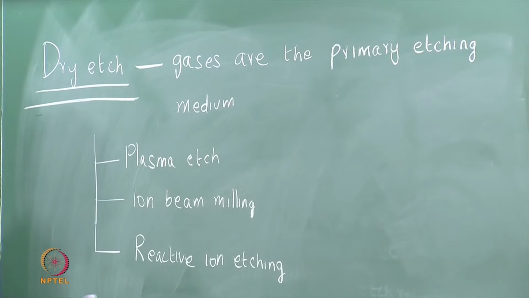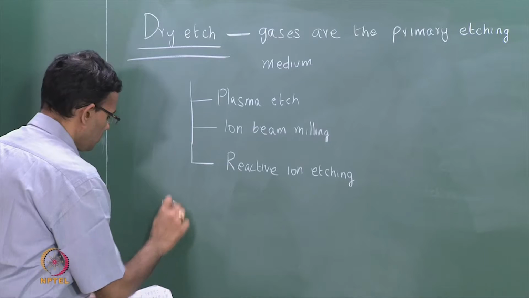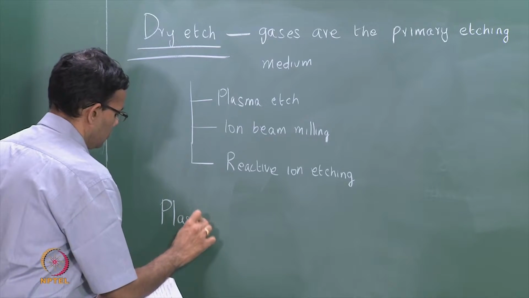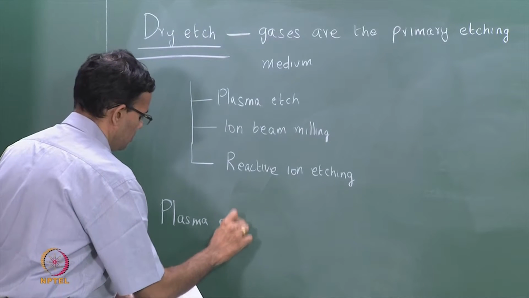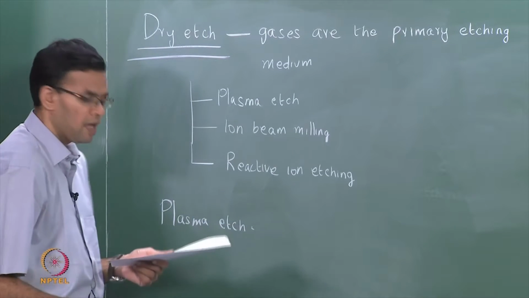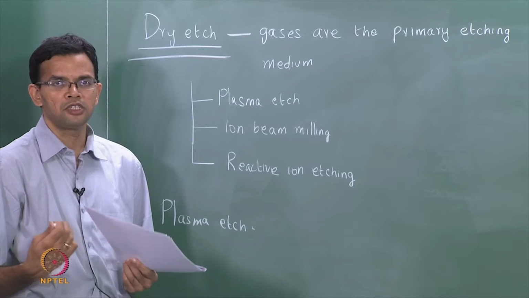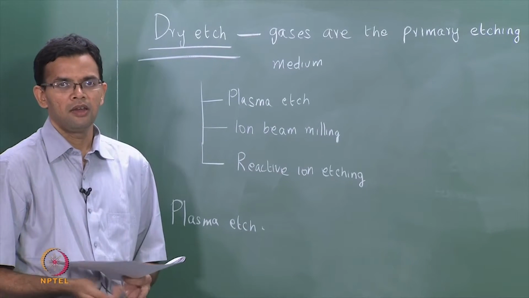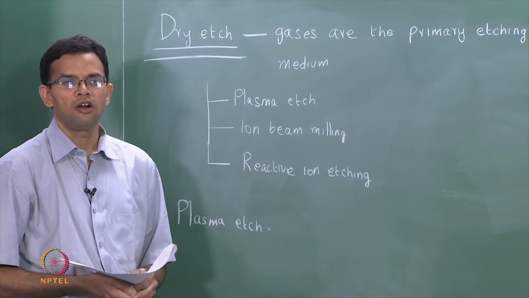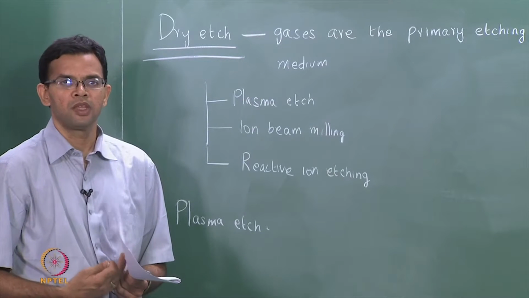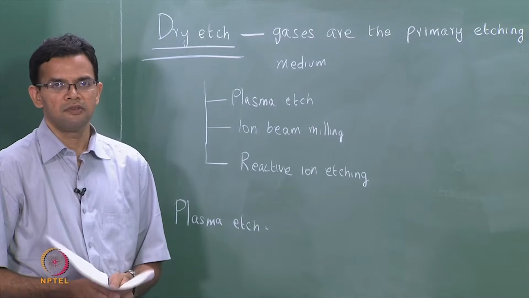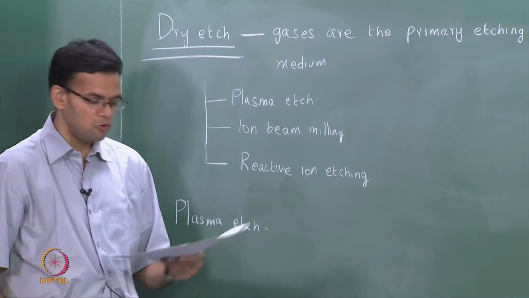If you look at the plasma etch, the chemical etchant is introduced in the gas phase and electrodes are used in order to generate a plasma. This plasma then attacks the wafer surface and removes the material.